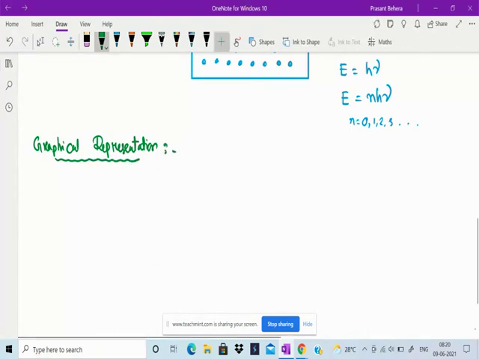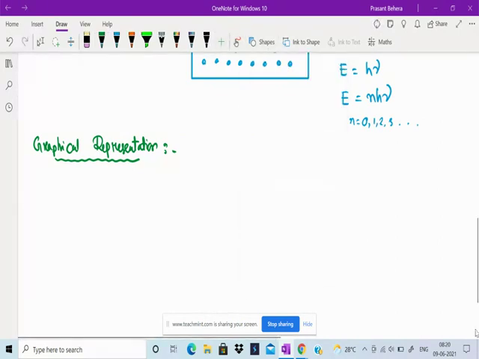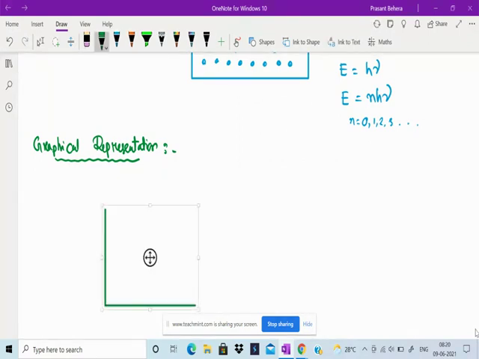Graphical representation. Here is the kinetic energy.